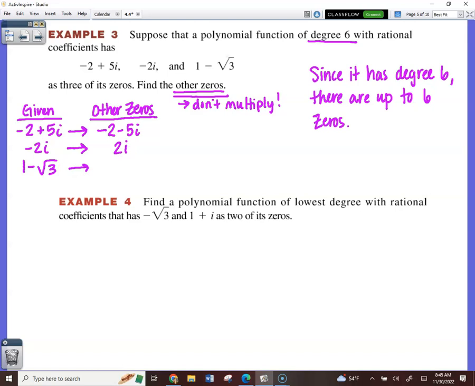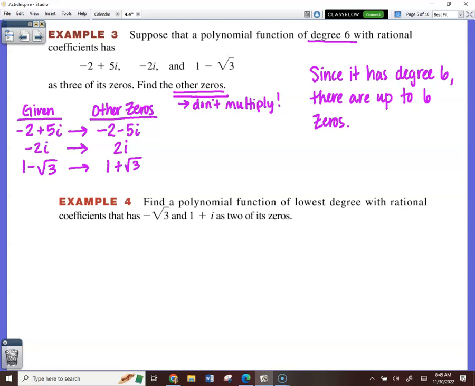If 1 minus square root 3 is a zero, then what else is? Wait, did you say negative 1? Only change the sign of the radical. So it'd be plus 1, right? No, just change the sign of the i part and the square root part. That's it. The other part stays the same.